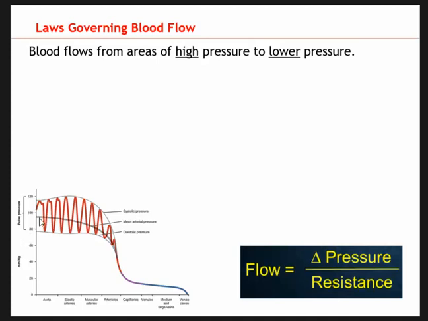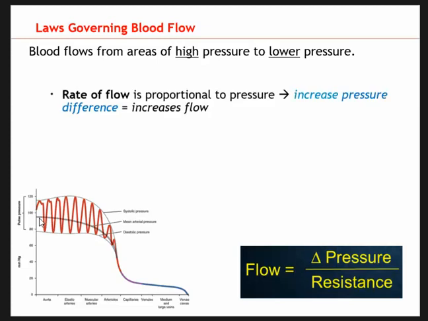Now that pressure is going to flow to lower areas, so throughout the arteries, into the arterioles, and the capillaries, where pressure is lowest. This is the circulatory nature of blood flow in the body, and most things in the body. We'll talk about this in chapter 7, airflow, and how air also flows from high areas of pressure to lower areas of pressure. So let's discuss now what are some factors that will increase or decrease blood flow.